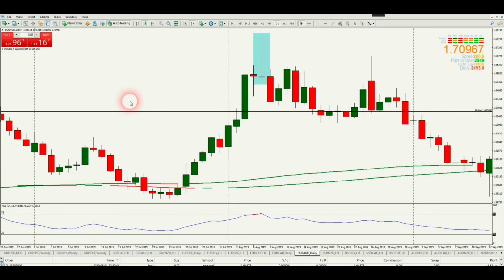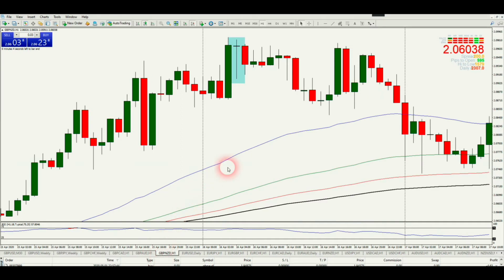Now, what can be somewhat confusing with these Dragonfly and Gravestone dojis is when they're the wrong way around, and you can get them so that they are the wrong way around. Let me show you this one. This is a Dragonfly doji, but logically it doesn't make any sense, because the bulls have pushed the price right up here, closed the candle here, the next candle's open here, the bulls have pushed higher, the bears have now pushed back down again, so you'd expect this now to be going this way.